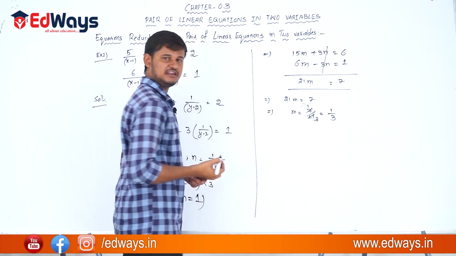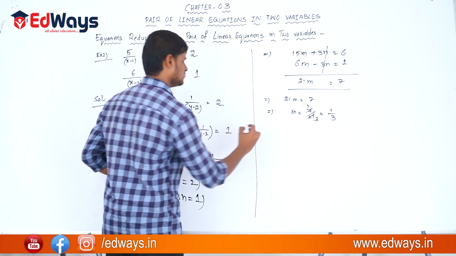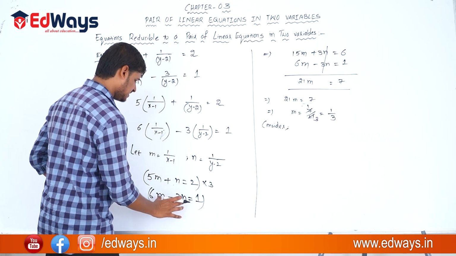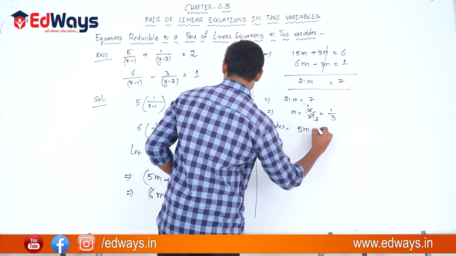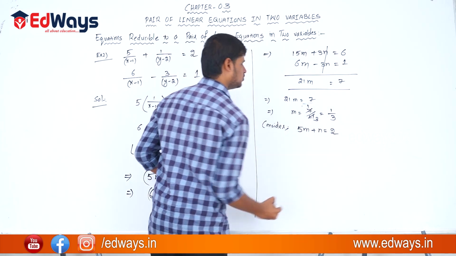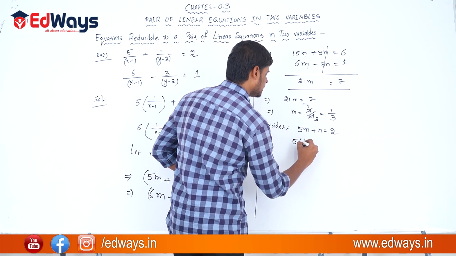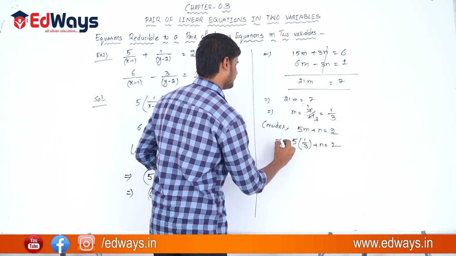Now how do you find the n value? Substitute this m in any of the equations. Let me consider the first one itself, the simple equation: 5m plus n is equal to 2. Substitute the m value: 5 into 1 by 3 plus n is equal to 2. Right?